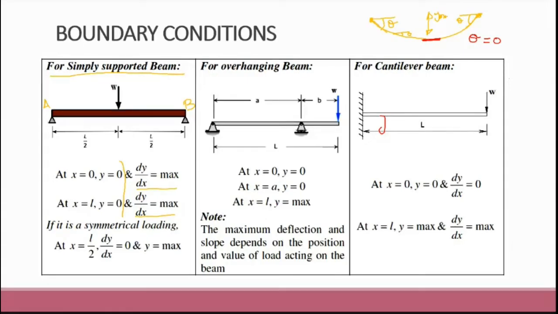Slope is 0. So that is the condition. When it is a symmetrical loading case, at the center, when x is equal to L by 2, dy by dx is 0. We can also use this as an additional boundary condition for symmetrical loading case. Mostly we have to use this only for symmetrical loading case, not for unsymmetrical loading cases.